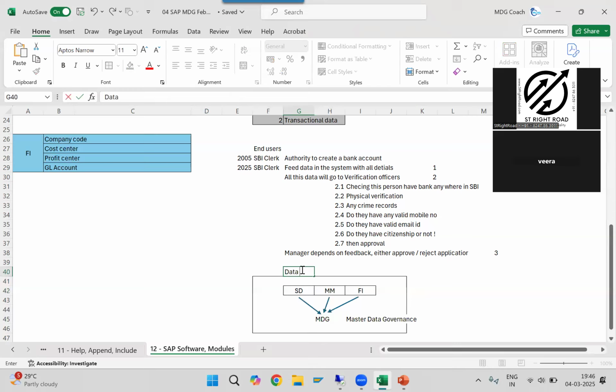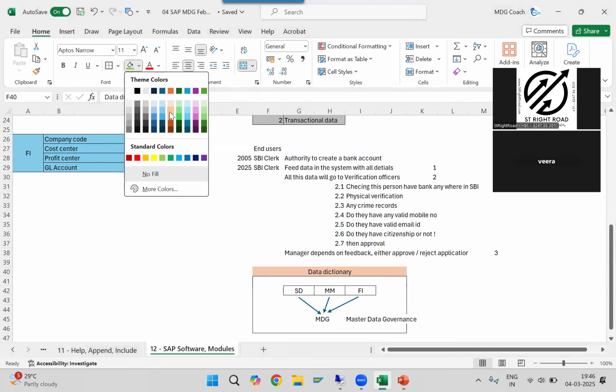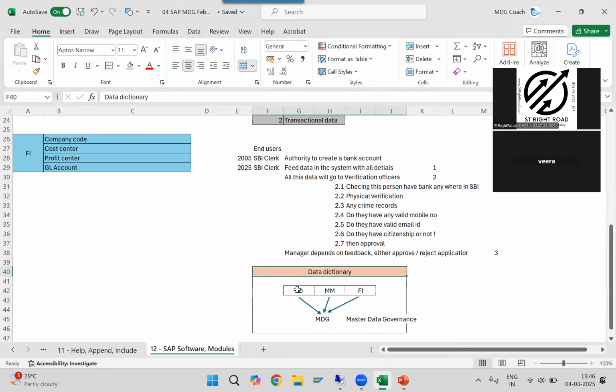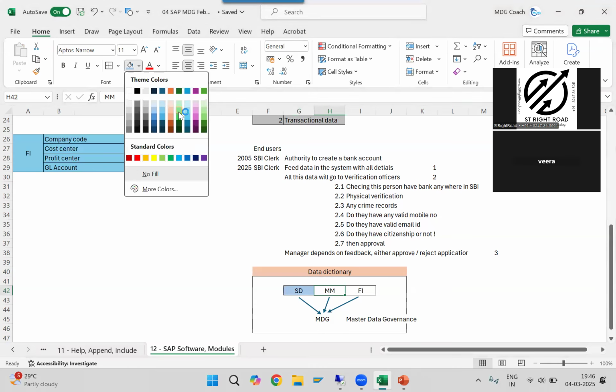That's why we learned the data dictionary first. Instead of going to MDG directly, we first focused on the data dictionary module. Without this, we are unable to understand what flow is happening inside here. That's the reason we first completed data dictionary.